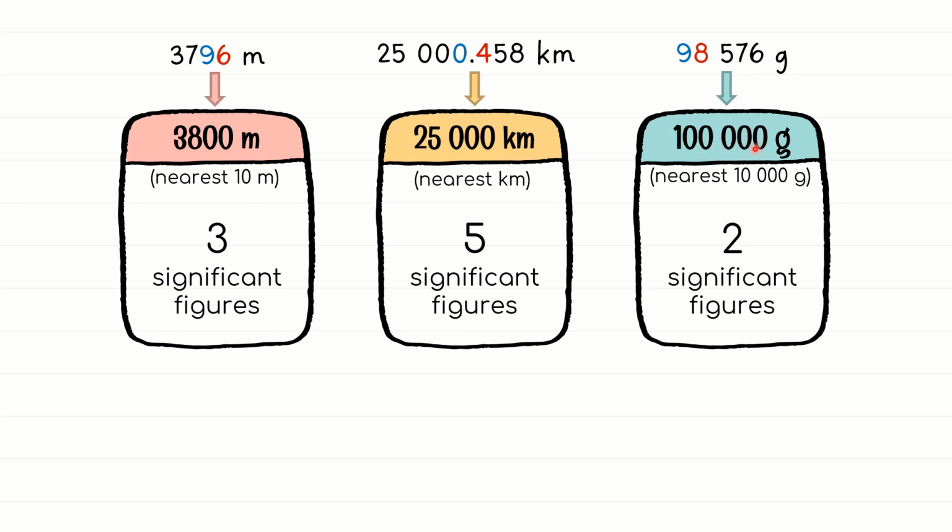All these remaining 4 zeros at the back, it serves the purpose of maintaining the place value in this original number. Therefore, in order to count the number of significant figures, I will only be counting this 1 over here and this 0 because that was how I went about rounding off.